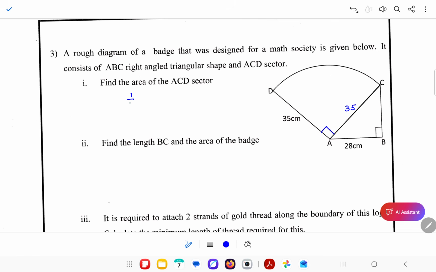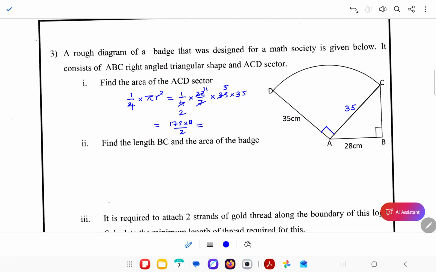So 1/4 pi r squared. Pi r squared is the area of a circle. This is 1/4 of that. So 1/4 into 22/7, 35 into 35. So simplify. 5 to 11. So we have 175 into 11/2.